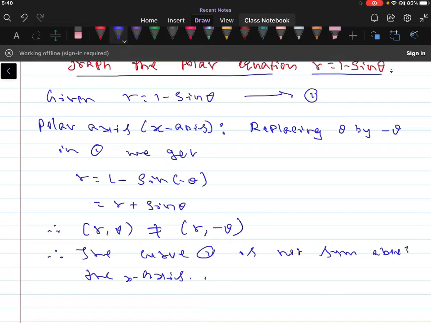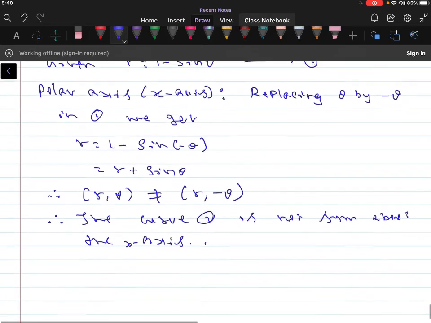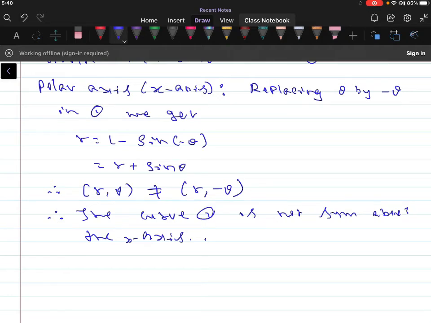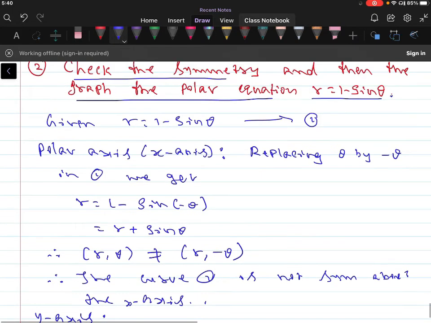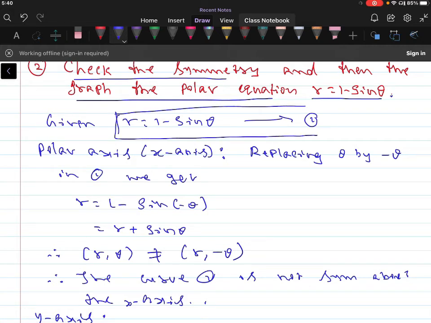Now we'll check whether curve 1 is symmetric about the y-axis or not. Suppose the curve is symmetric about the y-axis, when you replace theta by pi minus theta, if there are no changes in equation 1, then we conclude that the curve is symmetric about the y-axis.